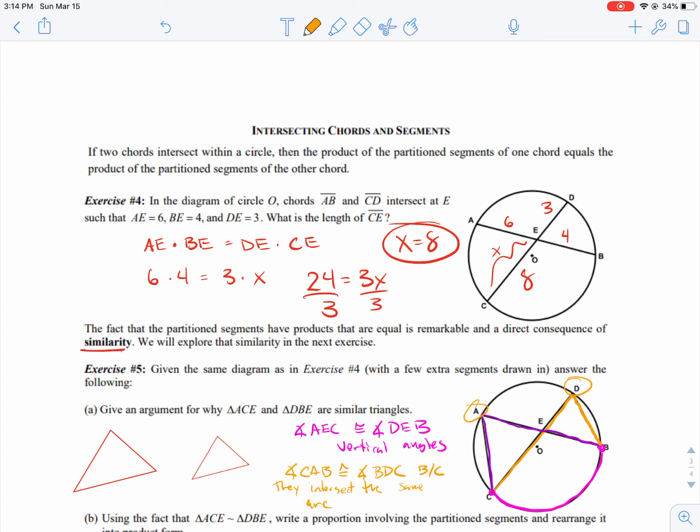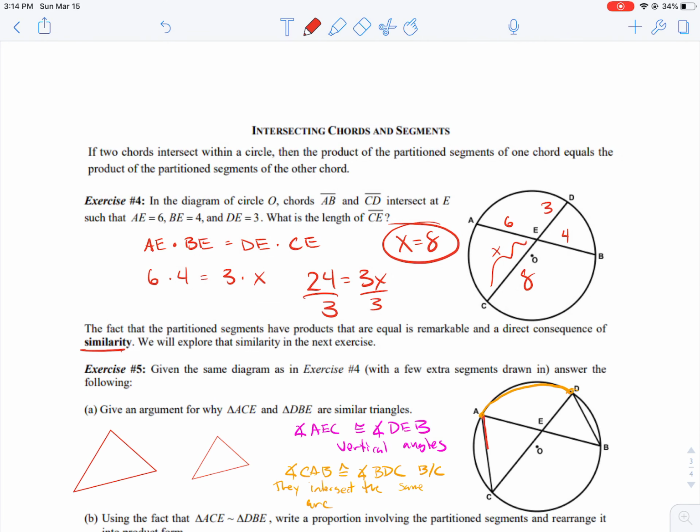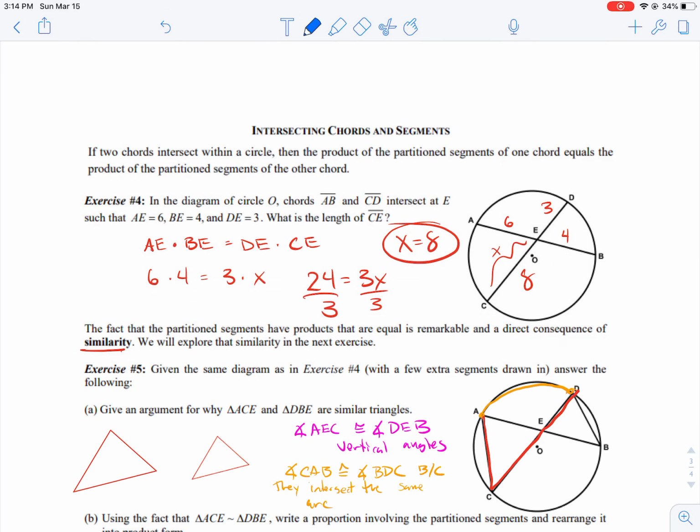Okay? And if you haven't noticed already, we can also say the same thing about this particular arc AD. As you notice, angle ACD intersects that arc, and DBA intersects that arc.